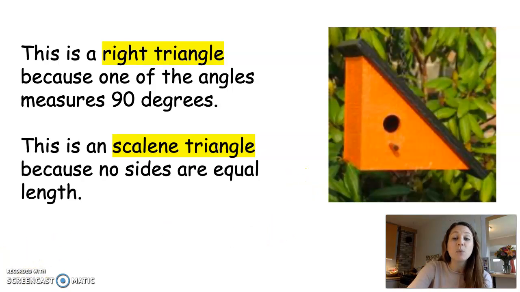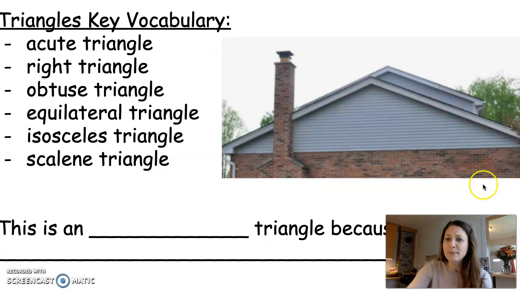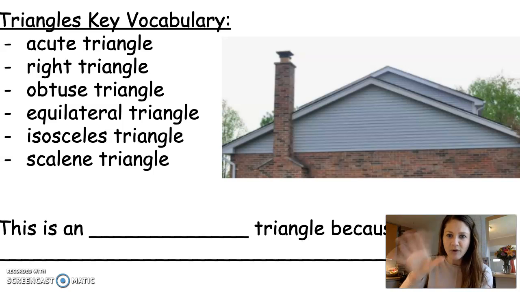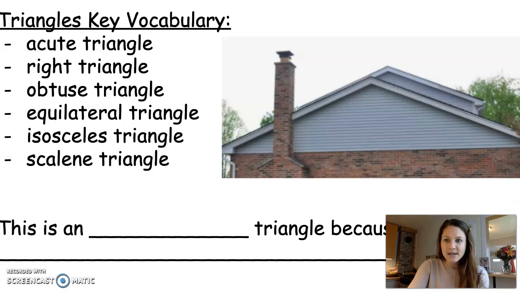Okay, let's do one more. And remember to pause and either say or write the answer yourself before seeing the answer. So in this one, I'm looking at this gray top part of the house. What kind of triangle is it and how do you know, or why do you say that?